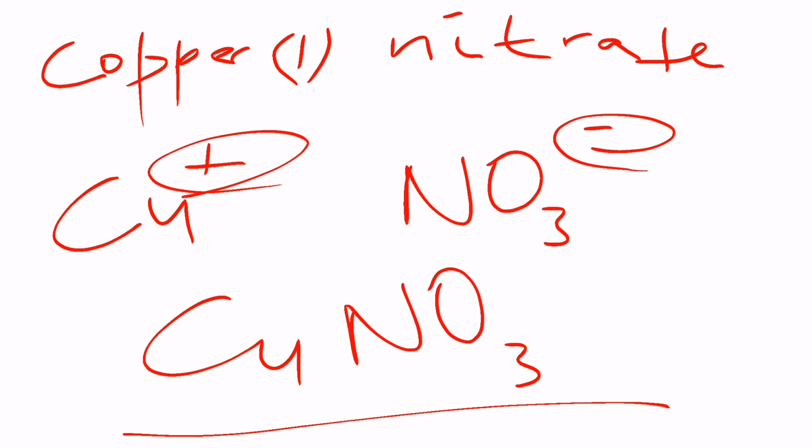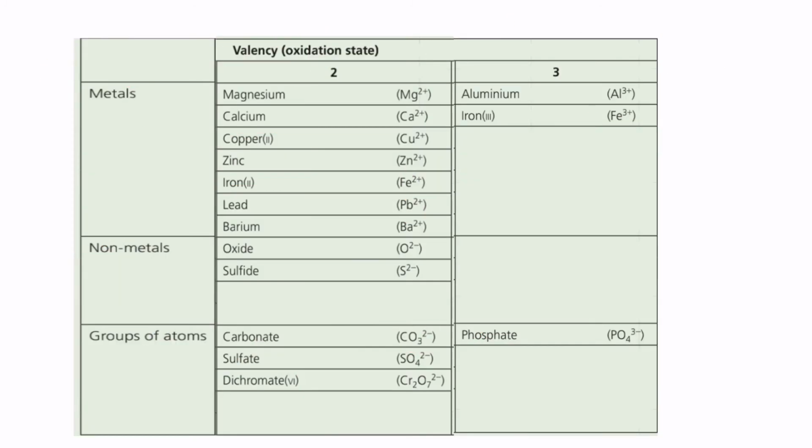But now let's move on to look at those which have got the valence of 2. So we have magnesium, calcium. Magnesium has got +2, calcium +2, copper 2, zinc 2+, iron 2+, lead, and then nonmetals oxide, which is O2−.